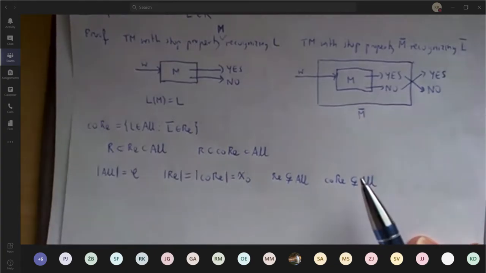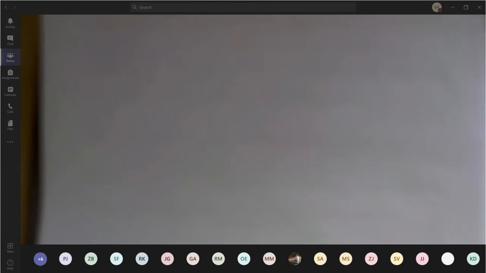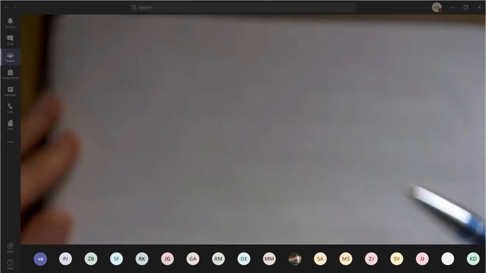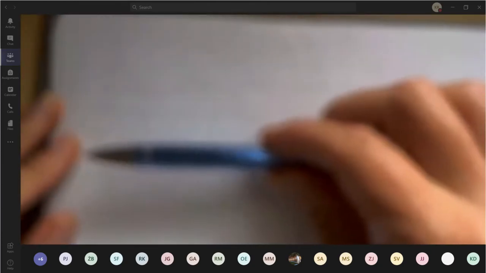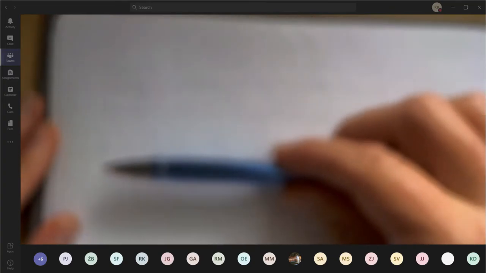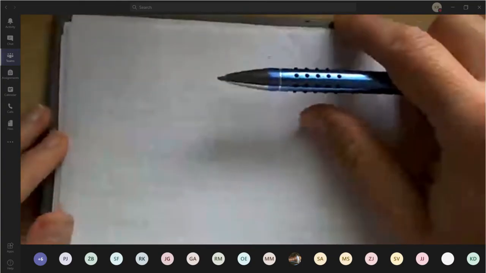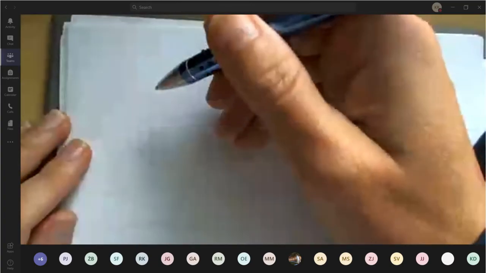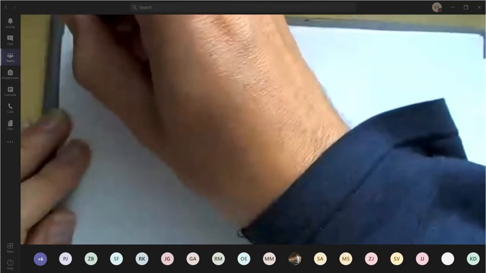Okay, so let's prove another theorem. Maybe I will get another piece of paper. Okay, I will start writing, and then we'll get the focus. Next theorem.